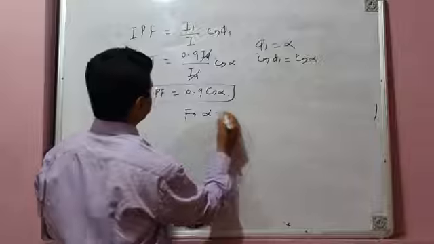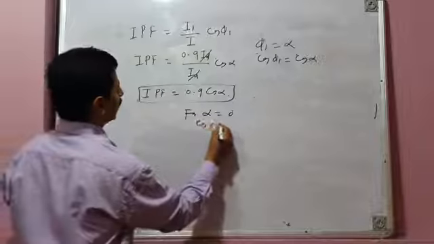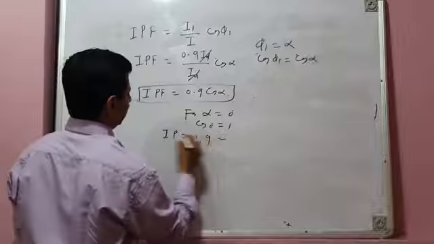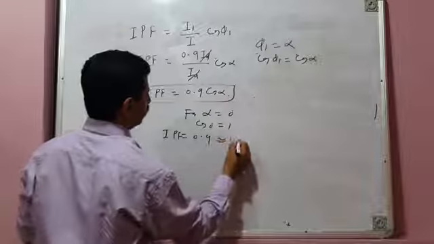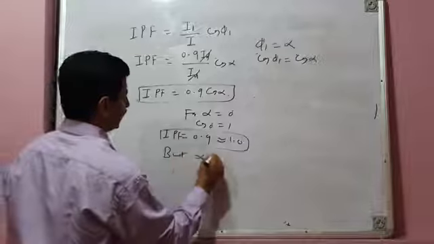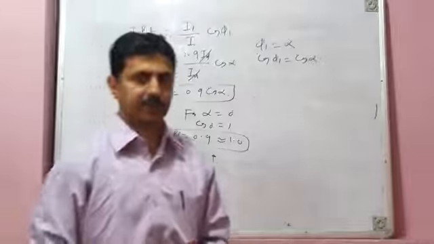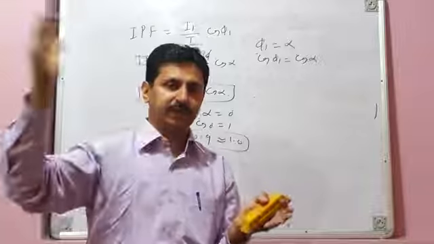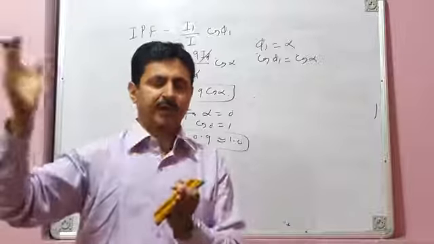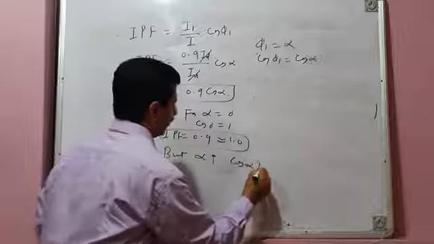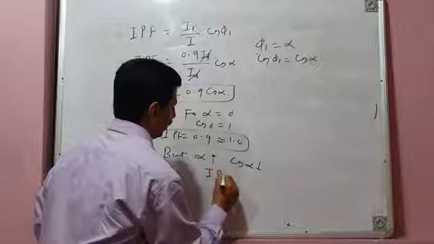For alpha equal to 0 degrees, what is cos 0? Cos 0 is 1. So the input power factor is 0.9, very close to unity. But as alpha increases, because your converter is controlled by delay angle or firing angle, and you may have to increase alpha to a large value, cos alpha decreases, so the input power factor also deteriorates.